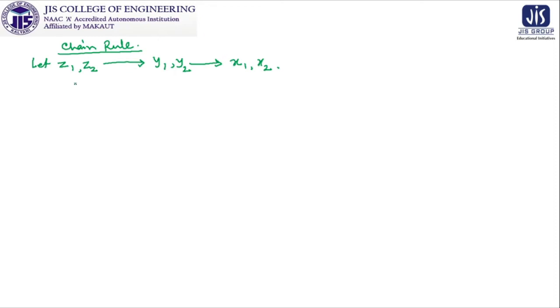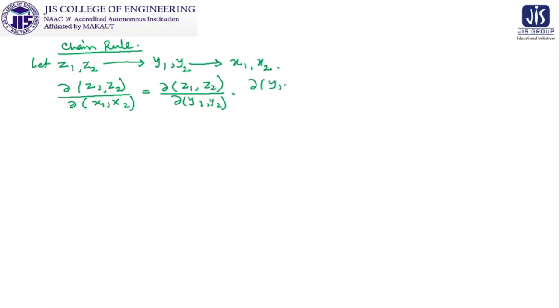Then this is the notation of the Jacobian: del z1 z2 by del x1 x2 will be nothing but del z1 z2 by del y1 y2 into del y1 y2 by del x1 x2.